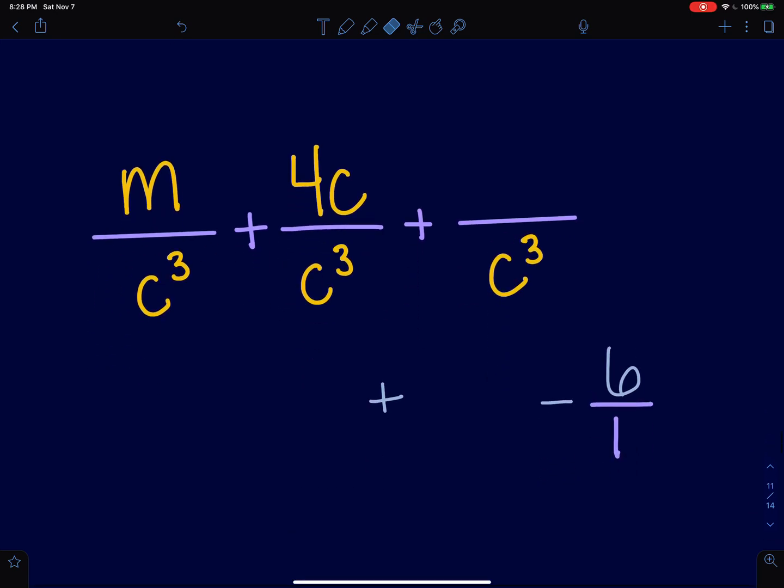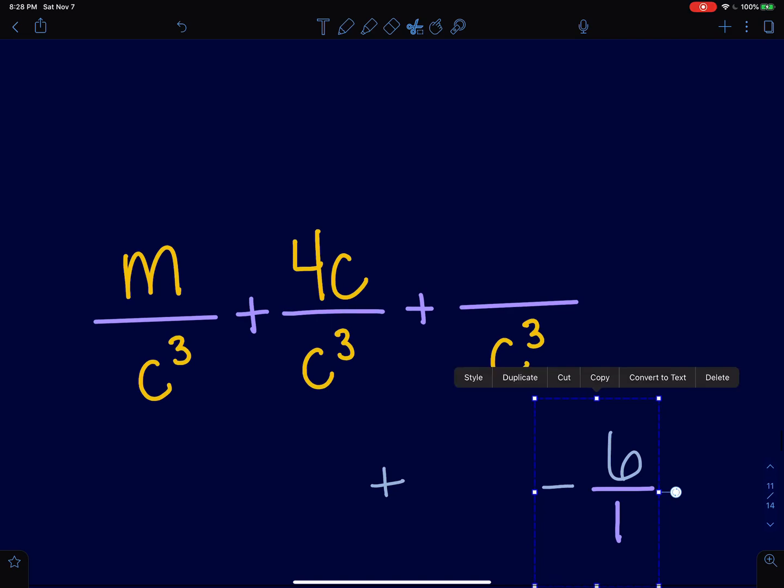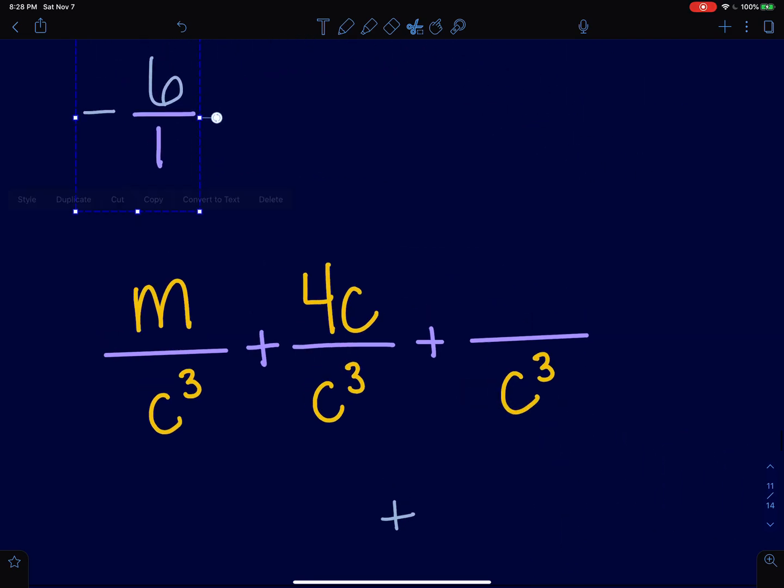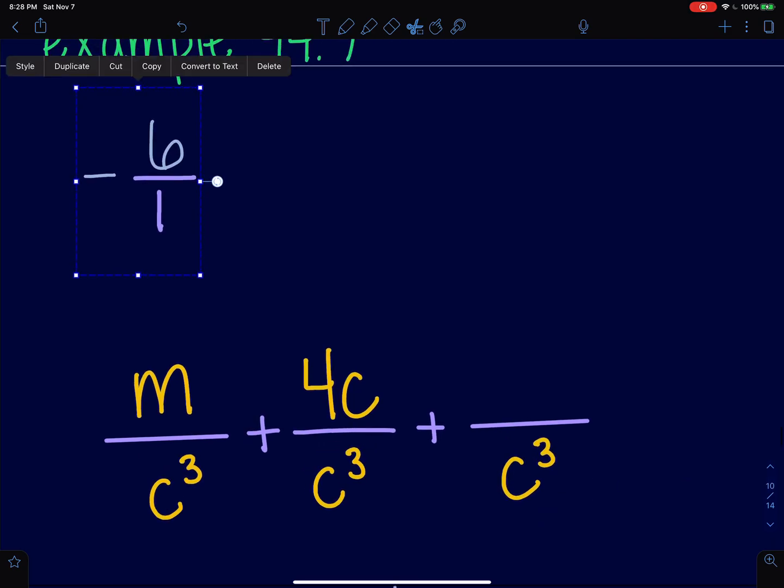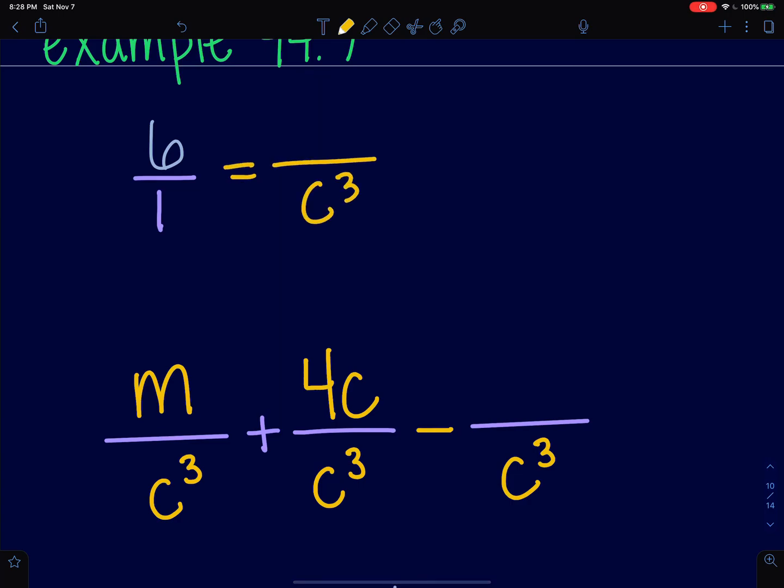What about the last one? Ooh, the last one is minus 6. So there's a couple things that can mess you up here, and one is that minus sign. So I'm going to deal with that minus sign right now because me no likey, right? Let's erase that positive and just change this into a negative right now. Now, how do I get this into a fraction with c cubed on the bottom?